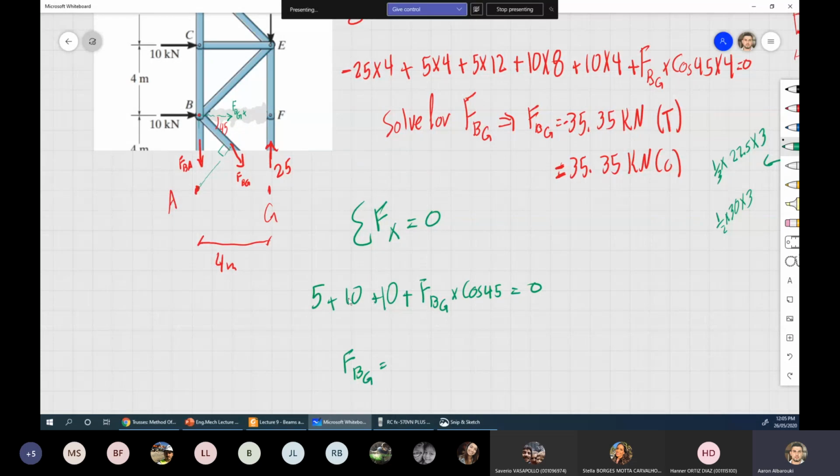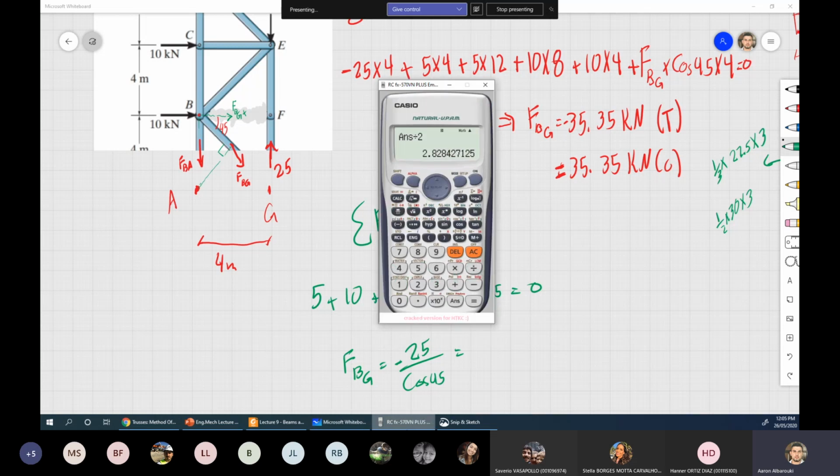FBG equals 25 divided by cosine 45 and negative, and that equals, let's try that, divided by cosine 45, and that's the same answer, 35.35.